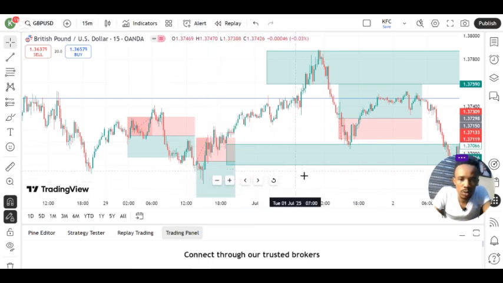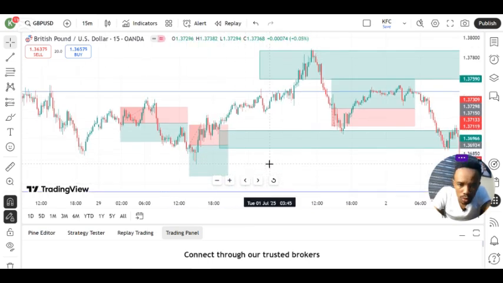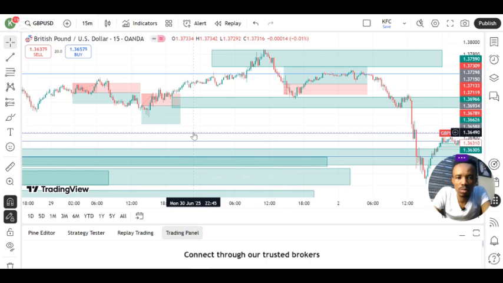Okay, the second one was a wrong prediction. We were very close to the end of this particular sell, so we were envisioning it to go more, so it went halfway and reversed immediately. Those are two failed entries.